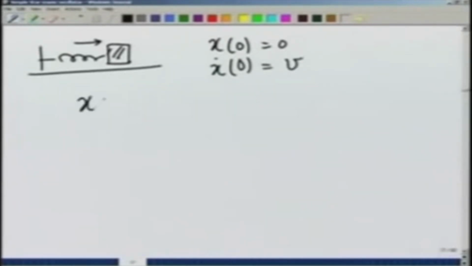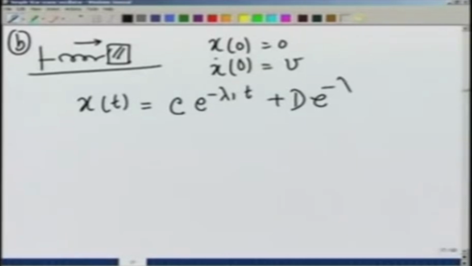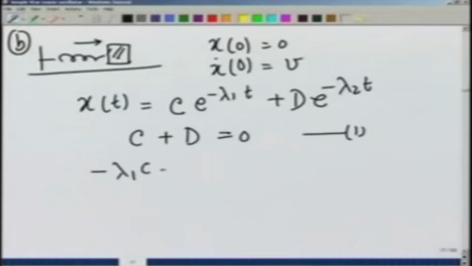Again, looking at the general solution, x(t) equals C, so this is my situation b, e^(-λ1 t) + D e^(-λ2 t). I have C plus D is equal to 0, and x dot, which is -λ1 C - λ2 D, is equal to v. This is my equation 2.